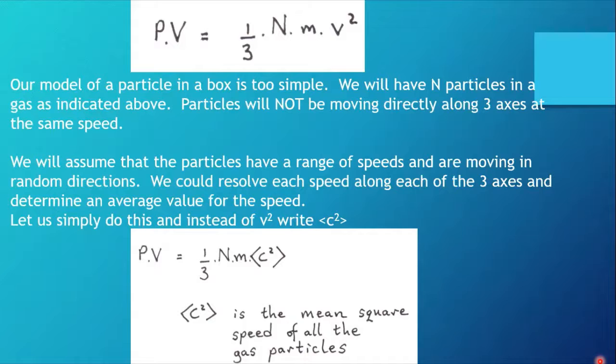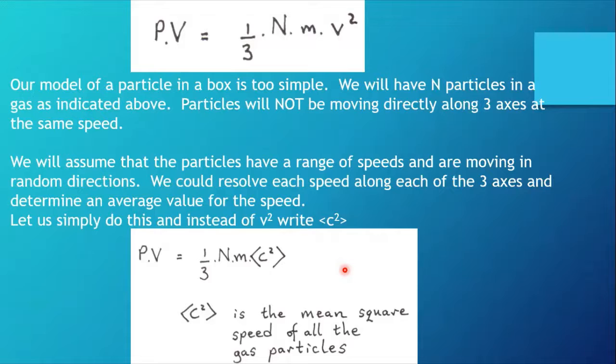So let's suppose we've done this, and instead of v squared, write c squared, enclosed by these brackets. So PV equals 1/3 nm c squared. And all these brackets mean is that it's a kind of average value, a mean value.